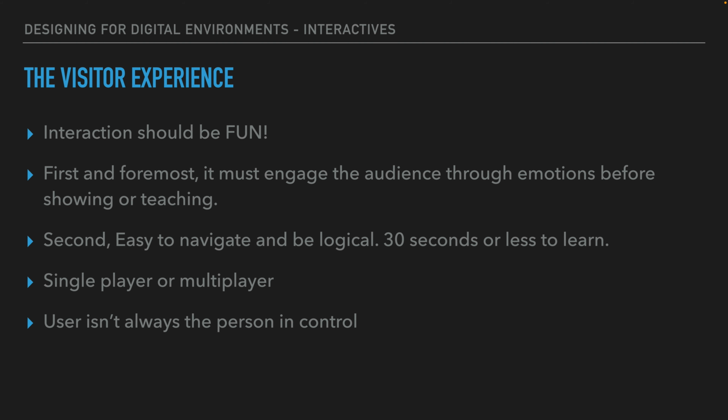Secondly, we need to think about how they are actually going to navigate it. It should be easy to navigate. It should be logical. We're not dealing with some sort of lockbox where they have to get really fancy to get into the stuff. When they move from one space to the next, it's not like trying to get out of an escape room.